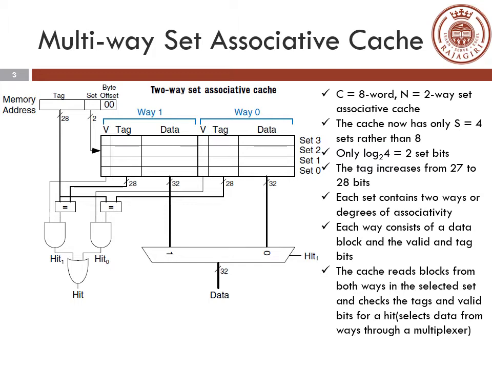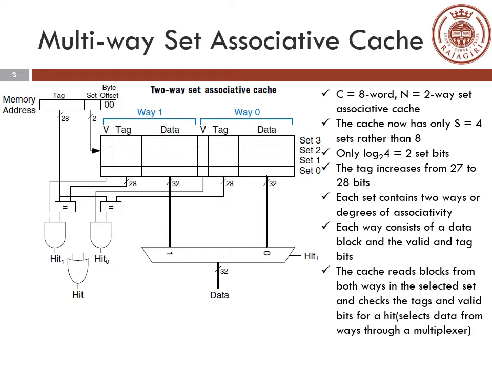When the processor reads or writes anything to the memory, this data will be brought to the cache, whether it is a cache hit or a cache miss. The corresponding data can be loaded to either way 0 or way 1. Now let's see how this concept works, whether it is a hit or a miss.